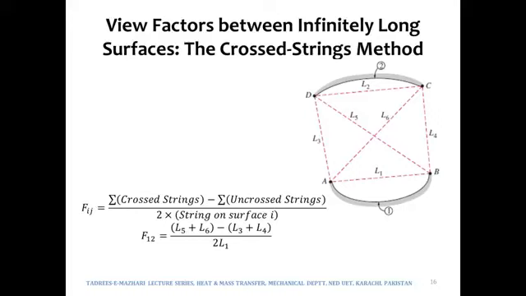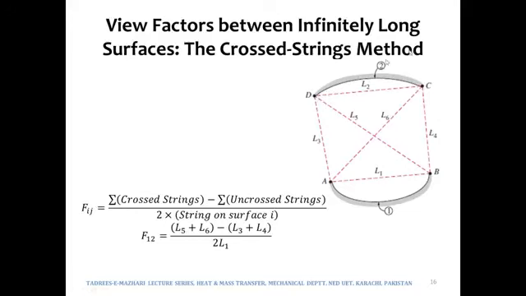Now let's take one more very small topic before we start the heat transfer section. It is about the view factor, and this particular method is called the cross strings method. In the cross strings method, we all know what strings mean.